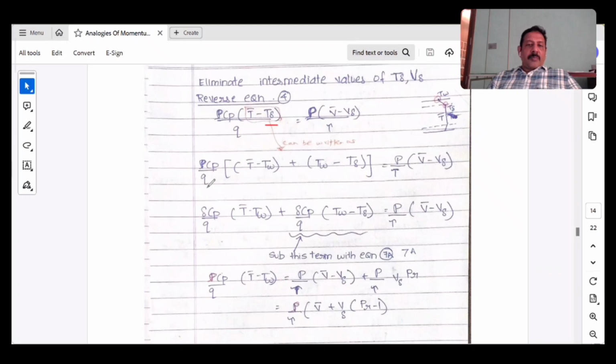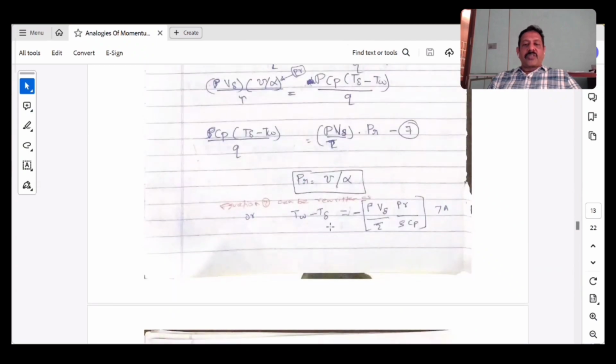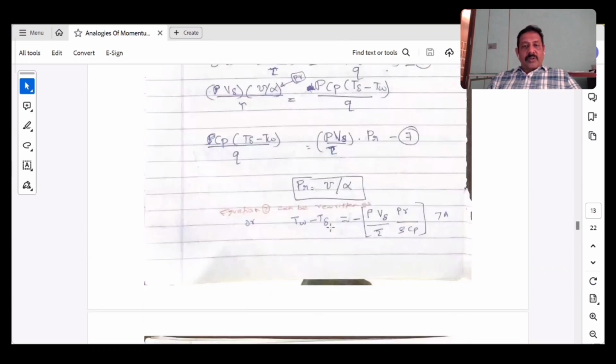Then just rearranging: rho into Cp by Q into T bar minus Tw plus rho into Cp by Q into Tw minus T delta is equal to rho by tau into V bar minus V delta. We have already derived an equation for this in equation 7a: Tw minus T delta is equal to minus rho V delta by tau. So you substitute for Tw minus T delta, along with rho Cp.